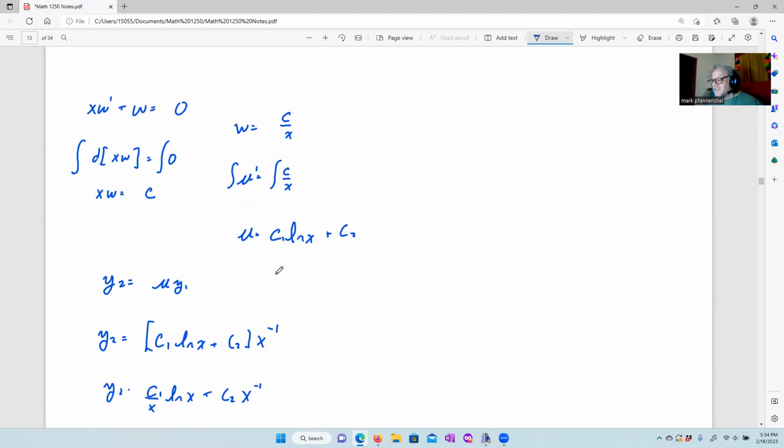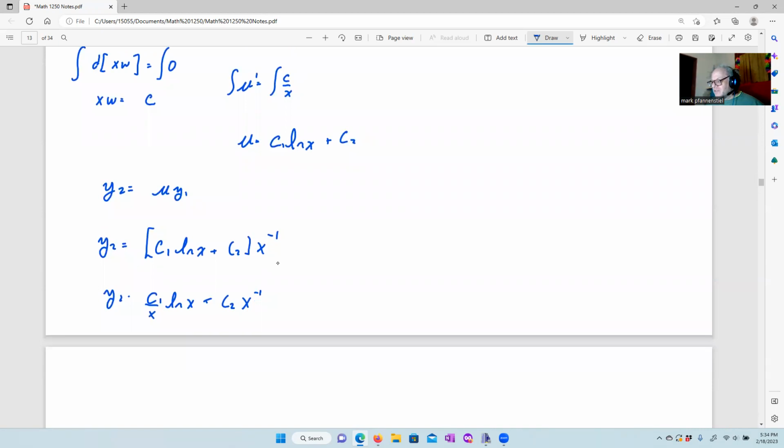Do you remember what my first solution was? Right? My first solution, y1, was equal to x to the negative 1. I said we'll take out the constant and get it back when we need it. Now is that time. Okay, so this is going to be my second solution to this second order differential equation. So here are my two solutions that we have now generated.